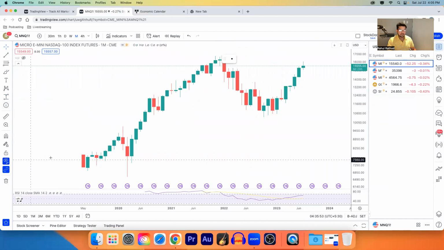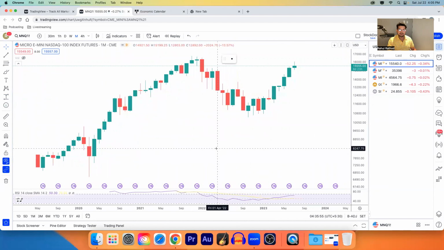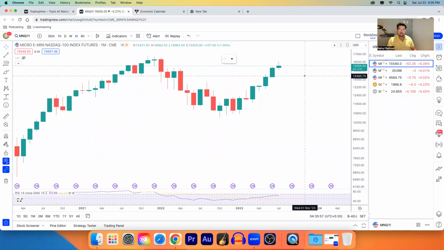Let's hide the chart again and see. This month, currently we are at the second last week of the month, and this is kind of creating a doji pattern at this point of time, which is indecisive.